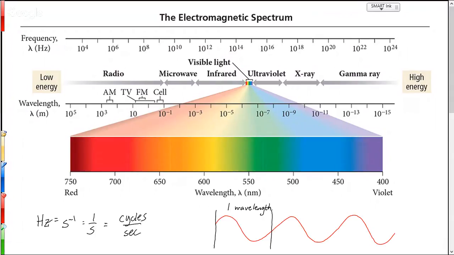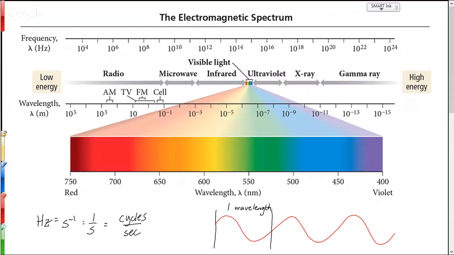Fewer, because it's longer, right? Does everybody sort of see that? If you've got a wave that's the length of the table, it's going to be about half as frequent that it passes that.